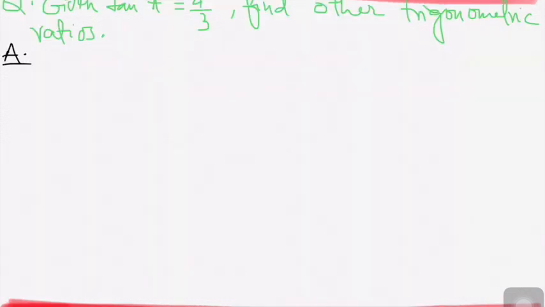So now we'll be learning about one problem which is very common and frequently comes in the examination. Given tan A equals 4 by 3, find other trigonometric ratios. When you see any problem of trigonometry, the best trick is that you draw a right angle triangle.